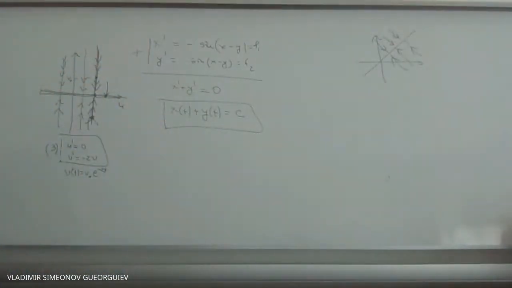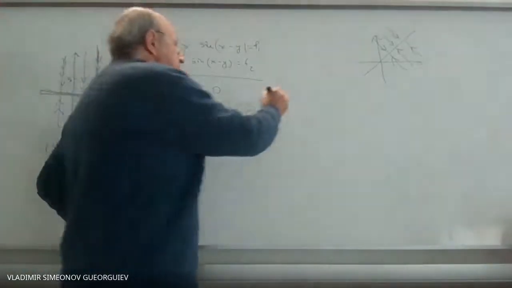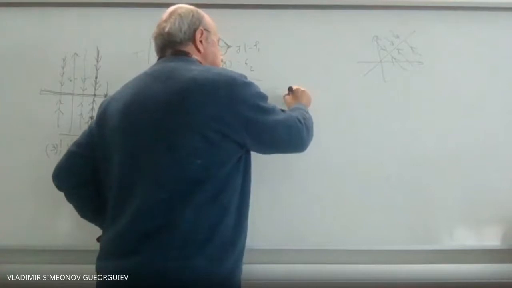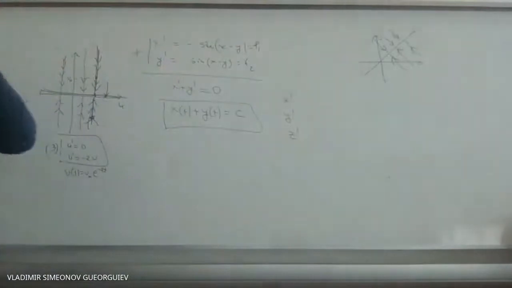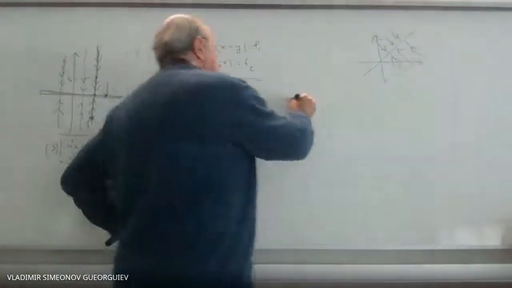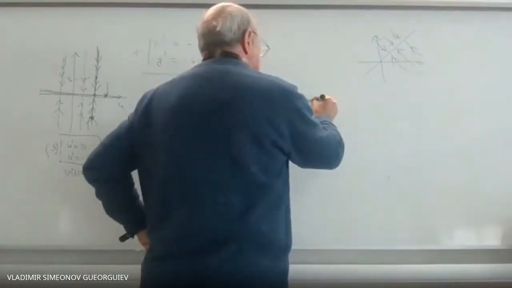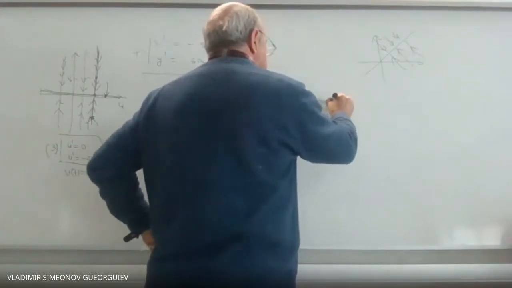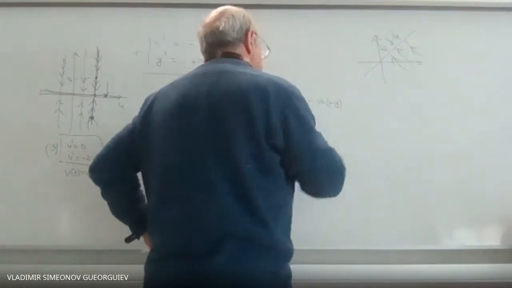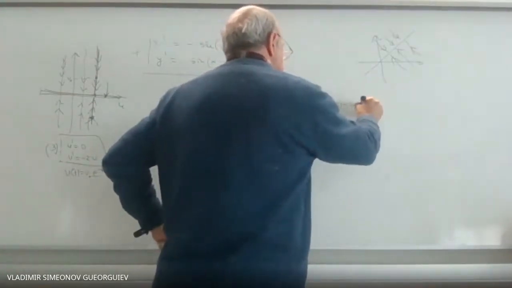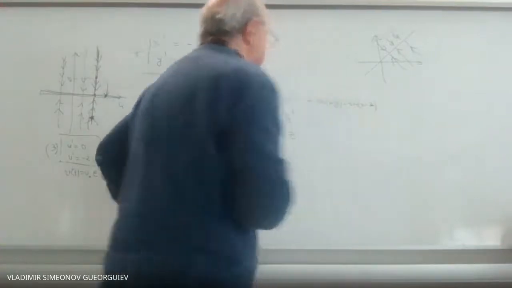So if we use this, we can, for example, consider the case of x prime, y prime, and zeta prime. Three phases. When we have three phases, what will happen? Of course, we now have minus sine of x minus y, then minus sine of x minus zeta.